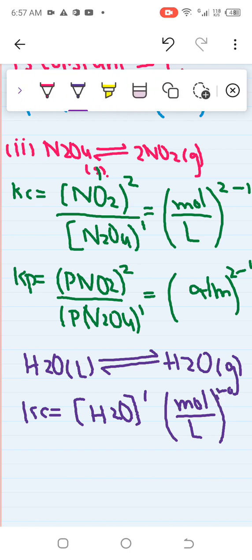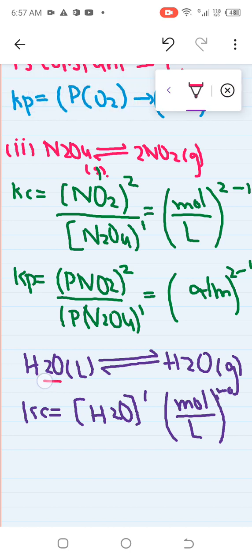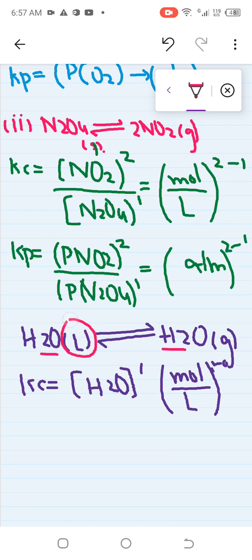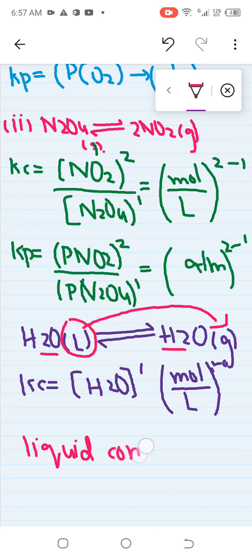Now you might be thinking which H2O I have taken, liquid or gas. Remember, the active mass of a liquid when it comes with a gas is taken as constant.